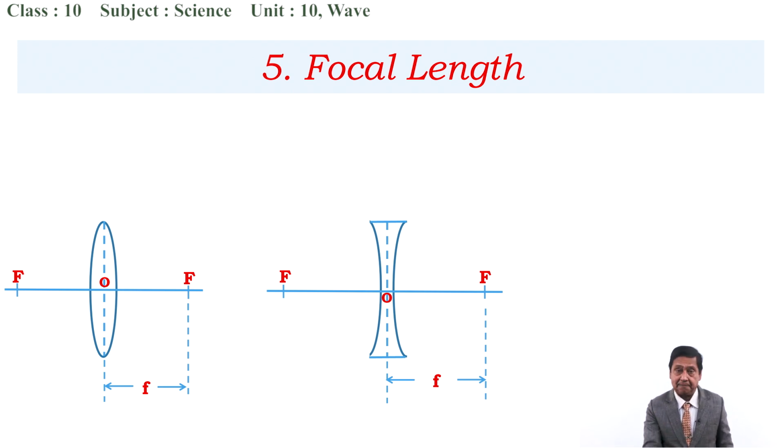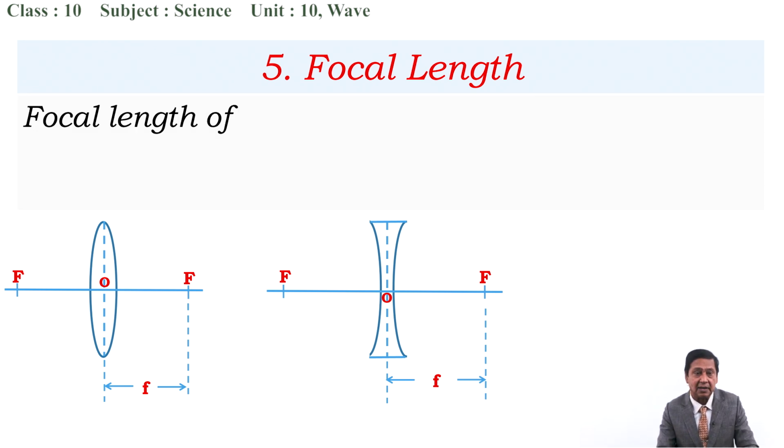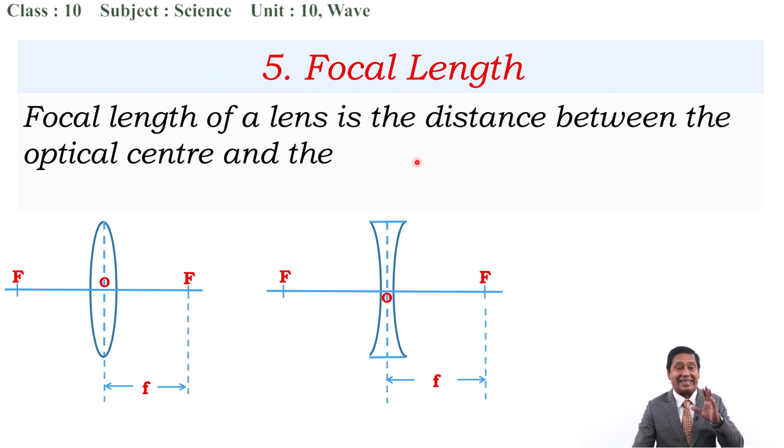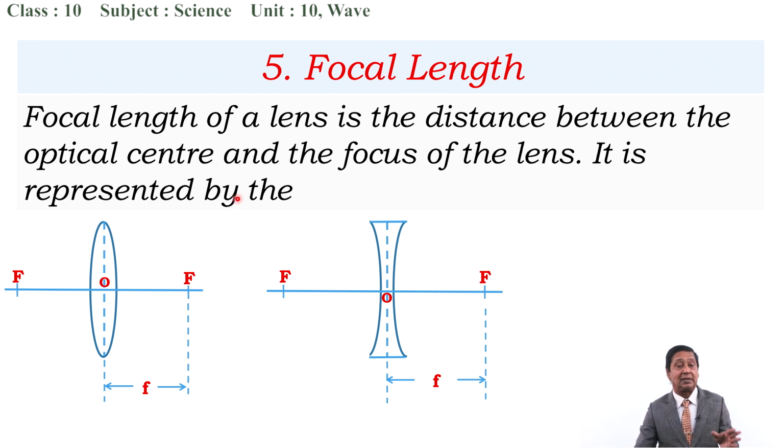Capital F is the focus, also called principal focus, and small f represents focal length. This is a physical quantity, measured in meters according to the SI system. How to define focal length? The focal length of a lens is the distance between the optical center and the focus of the lens. It is represented by the letter small f.